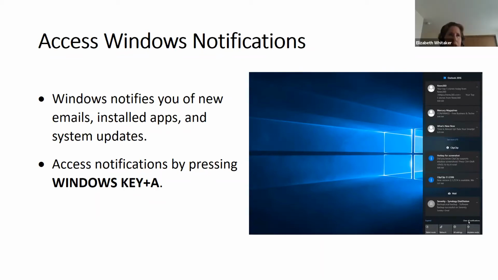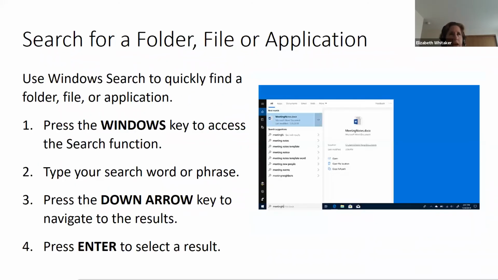Okay. All right, we're going to talk about searching for a folder, a file, or an application. And to me, this is one of the most valuable features in Windows, especially since the start menu has changed so drastically. And this is a great feature to use, Windows search.